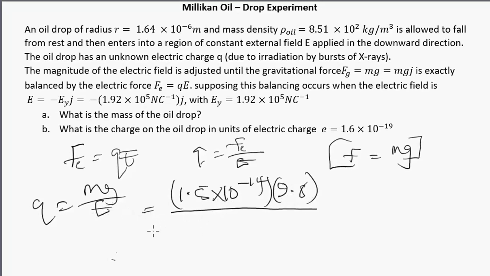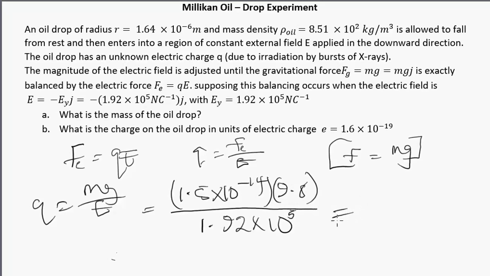So we'll divide this by the electric field, which is given already here as 1.92 times 10 to the power of 5 newtons per coulomb. All right. So I'll have 1.92 times 10 to the power of 5 newtons per coulomb.